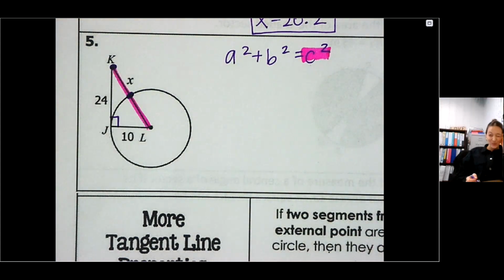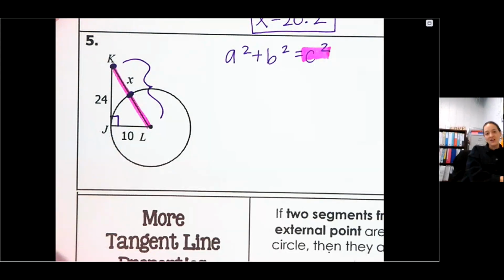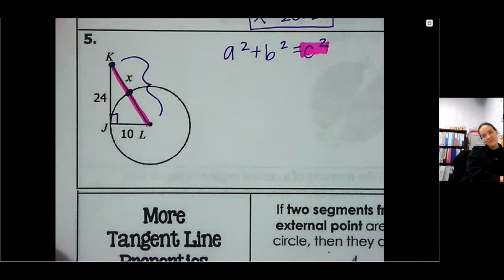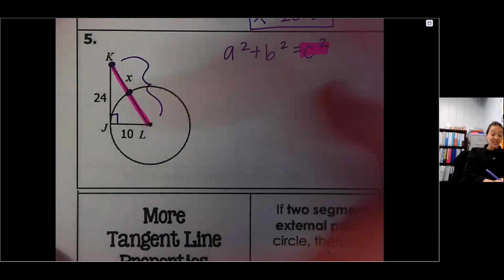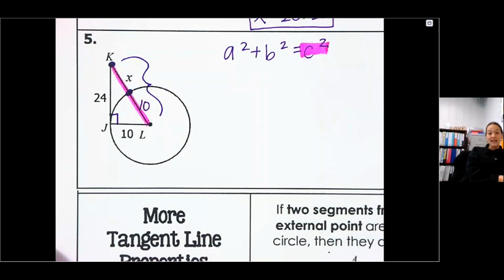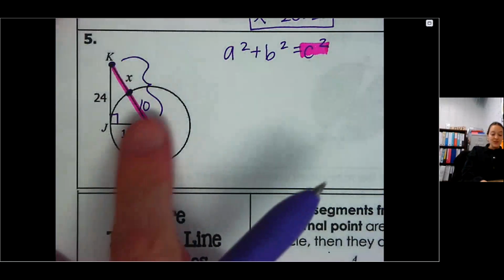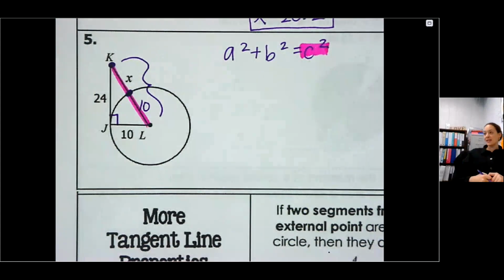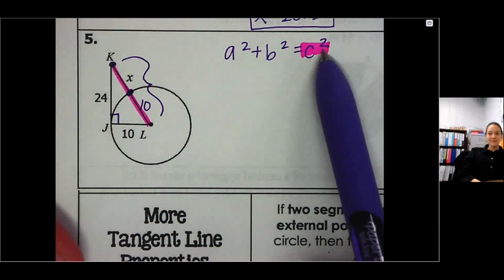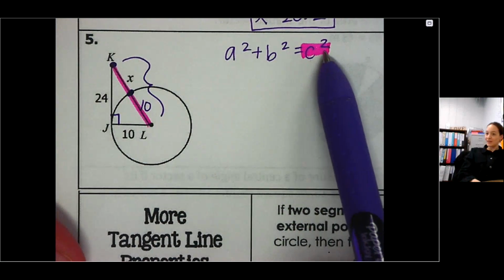Now, what is the full length of K to L? Yeah, 10 plus X or X plus 10, right? Because this piece is a radius. Now, here's what's going to happen in a second. If we use X plus 10 and we go to square it, what kind of equation are we going to end up with?